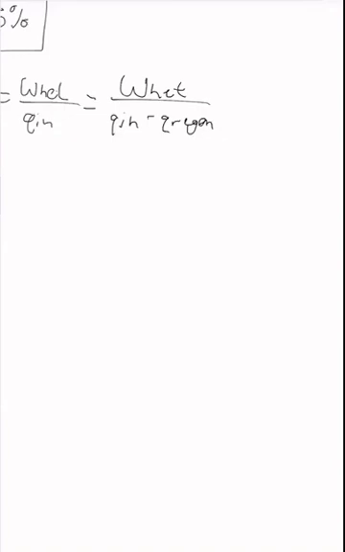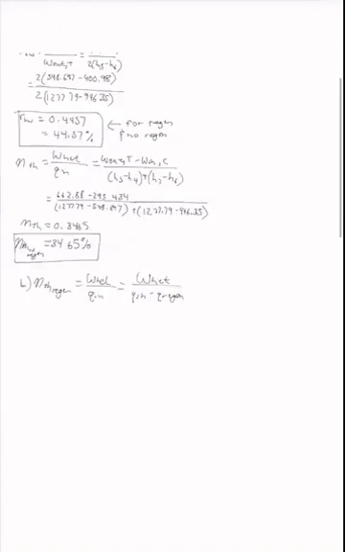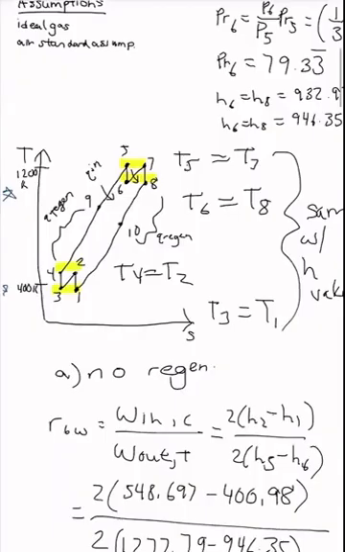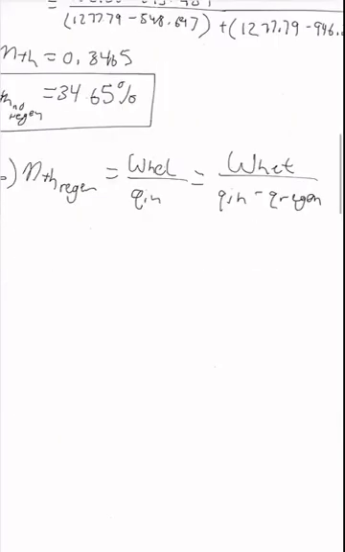And if we go back to our graph, we can see where the regeneration is. So we see it's right here on the graph and then right here. So to find the Q regeneration, the heat regeneration, the equation we use is this right here. So Q regen, and then that's our effectiveness, and then H8 minus H4. So that's where our regeneration is.